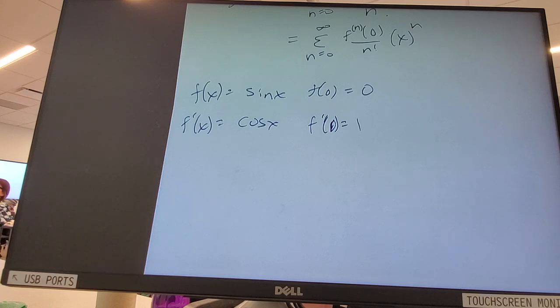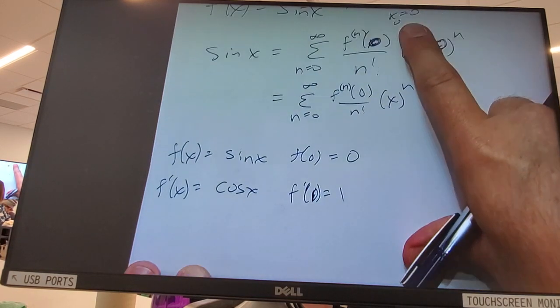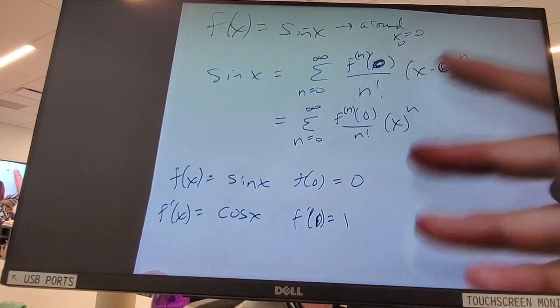McLaurin focused on 0 inputs, Taylor focused on any input, so we give them both props. You guys kind of with me? So when I say McLaurin series, it's just the Taylor series where I put in a 0. Taylor series is the general idea of finding an infinite polynomial for a function. So this is officially a McLaurin series, because I'm putting a 0 in.